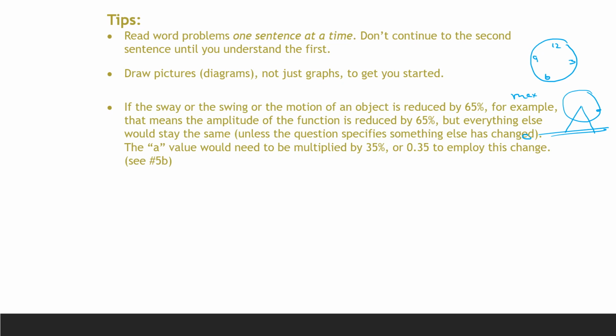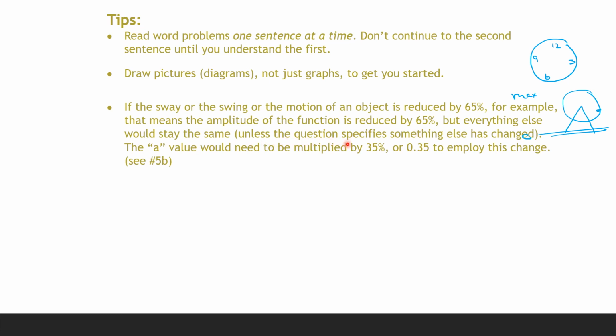Another common question, if you have something going back and forth: the sway or the swing or the motion of an object is reduced by 65%, for example. It means the amplitude of the function is reduced by 65%. So if you have a pendulum going back and forth like this, and that swing or sway is reduced by 65%, then the amplitude is reduced by 65%, but everything else stays the same unless the question tells you.